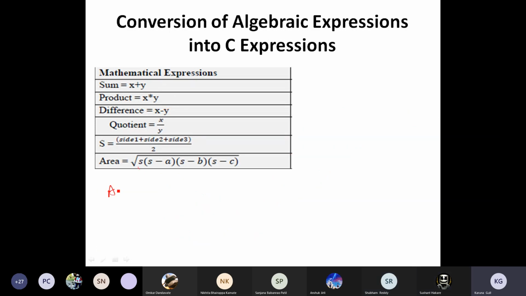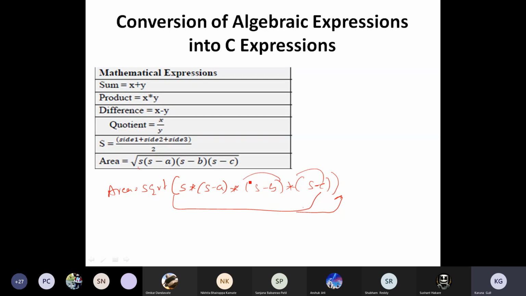Area is equal to SQRT of s star, bracket s minus a, star, bracket s minus b, star, bracket s minus c. Done, that bracket is complete. One more bracket. So this brace is for this brace, and these braces are for these things. And every variable is multiplying with each other.